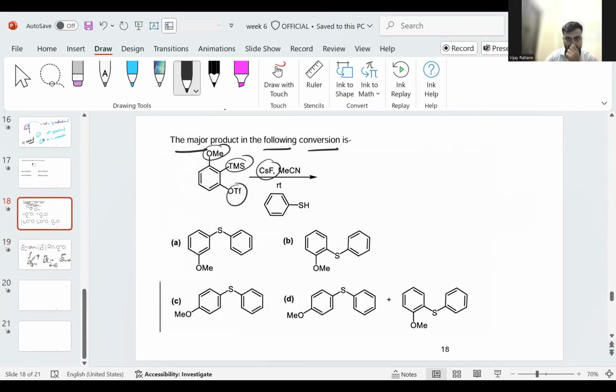So this is the product. So if you look at the options they have given, this option is the correct option here. So does anyone have any doubt up to here? So I will take the next couple of questions based on the same benzyne, which will be very similar to the example that we are seeing.